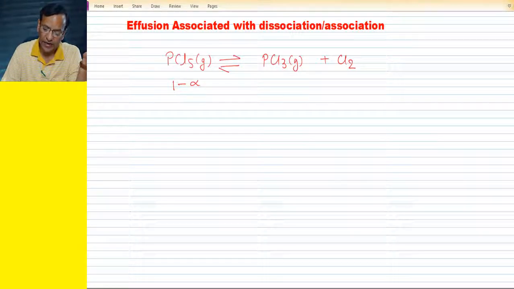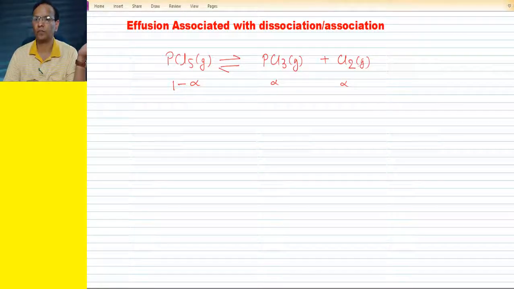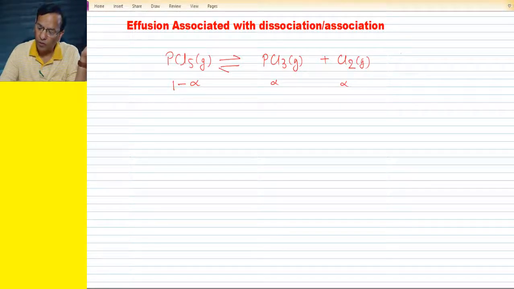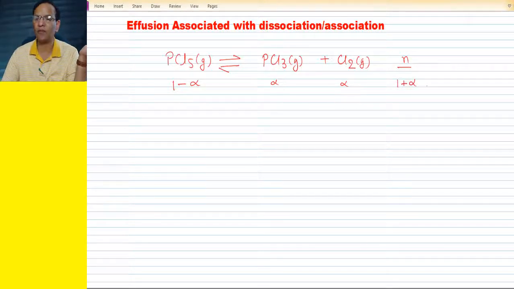On the other side, alpha mole of PCl3 and Cl2 gas would be formed. So the number of moles at equilibrium will be the sum of all these, and that will be 1 plus alpha. So if we start with 1 mole, the equilibrium mixture will have 1 plus alpha mole.